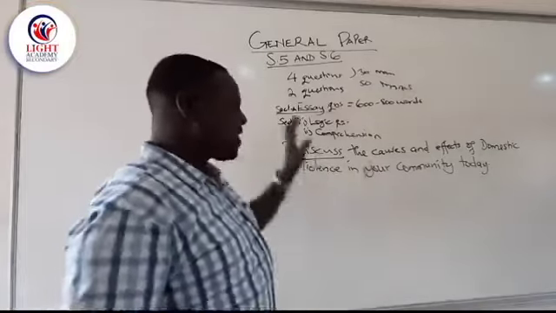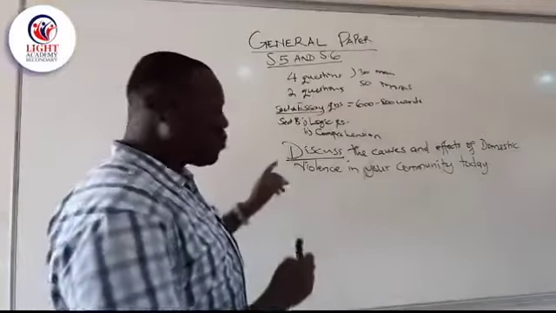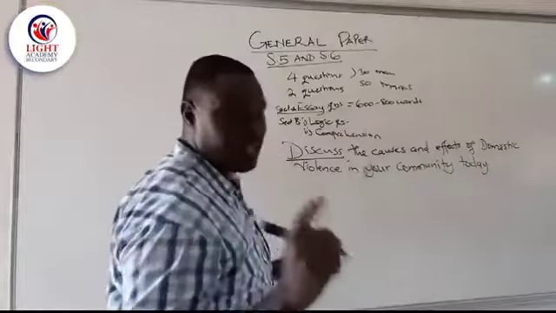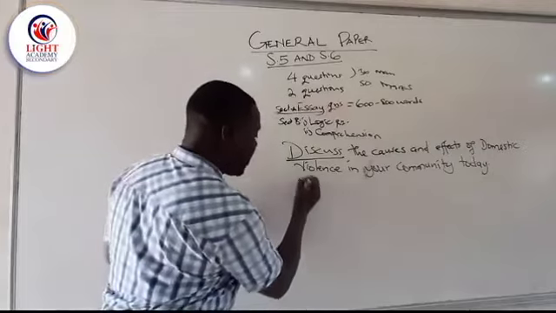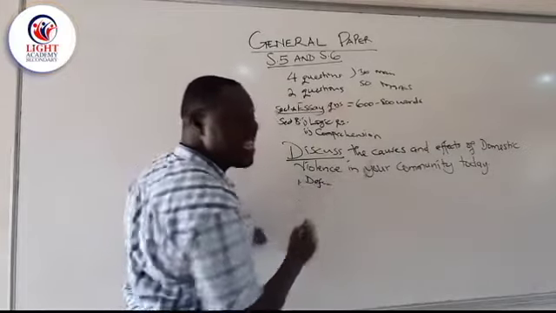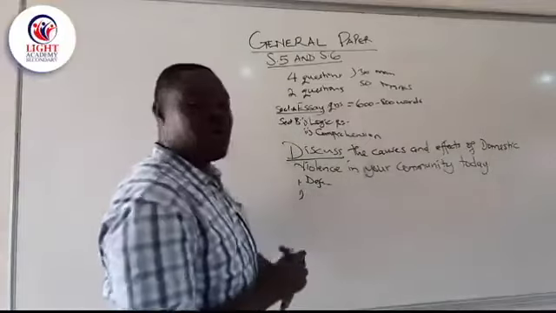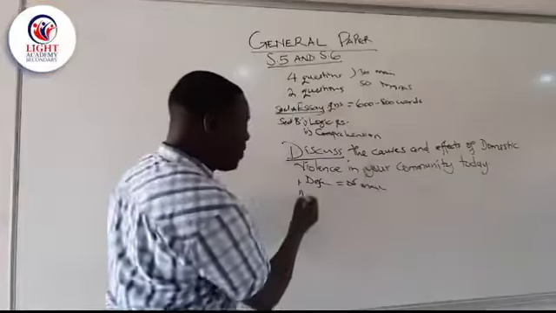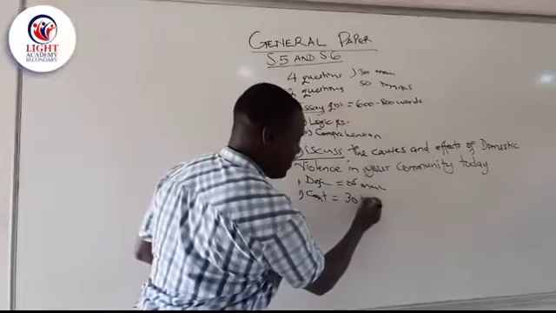But before you discuss the causes of domestic violence, first of all, you know that in section A, we are supposed to look at 4 aspects when we are awarding the marks. Number 1, the definition of the key concepts, and that one takes 5 marks. 2, we shall be looking at the content, which carries 30 marks.